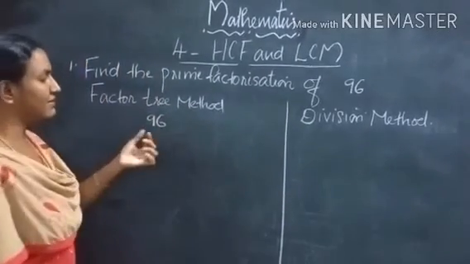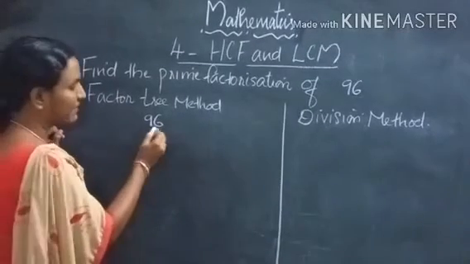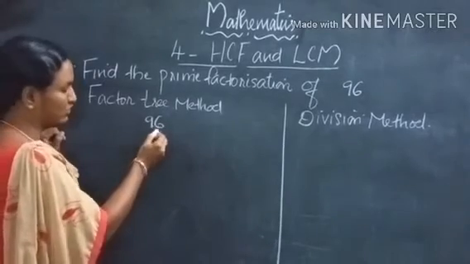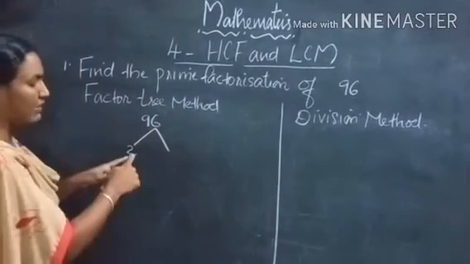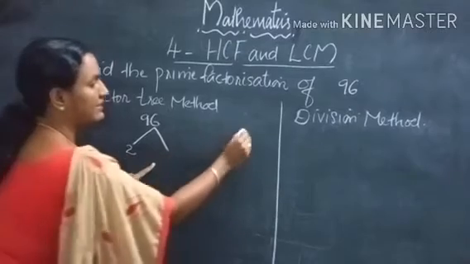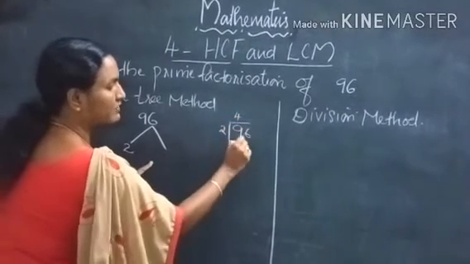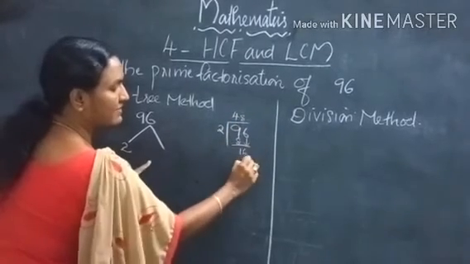First, we have to write down two numbers whose product is 96. Here the unit place is 6, so it is divisible by 2. So we start with 2. One number is 2. What's the other number? 96 divided by 2: 4 2s are 8, balance 1, then 6, 8 2s are 16.